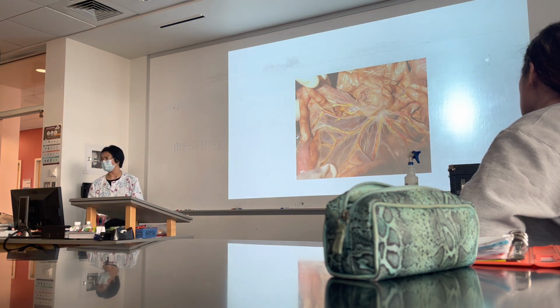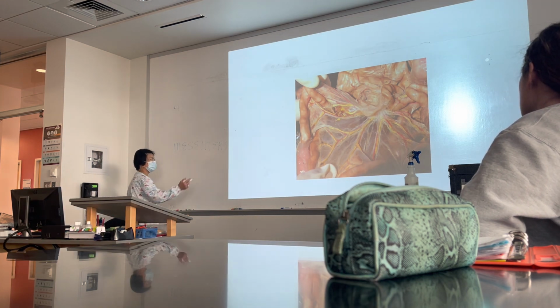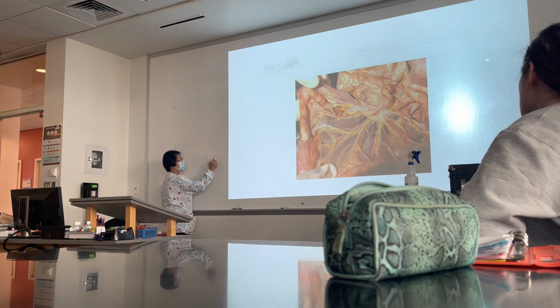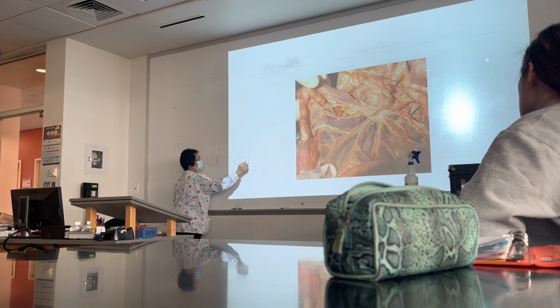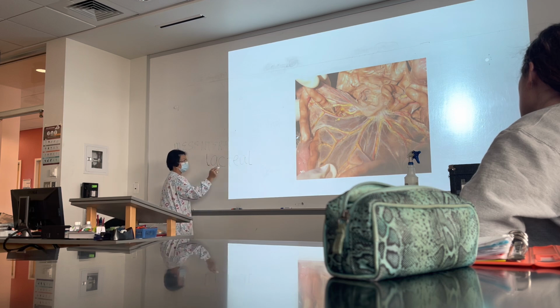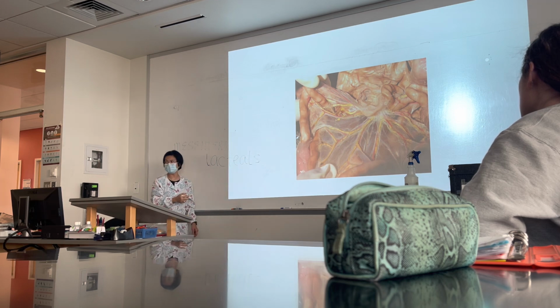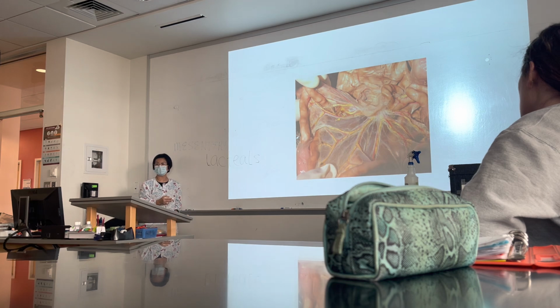Identify the yellow one. The yellow one right there, that's your lacteals. Lacteals, right? These are the lymphatic vessels there. And that's how dietary fat makes it into the body.